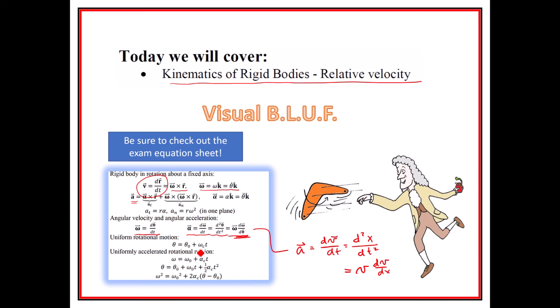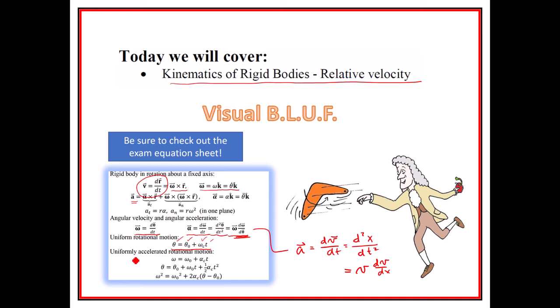Similarly, for uniform motion in terms of angles, and by the way, this angle has to be expressed in radians, not in degrees, so we always have to convert to radians. We find that the final angular position, when it's a constant angular velocity, is the original angular position plus the angular velocity times time.